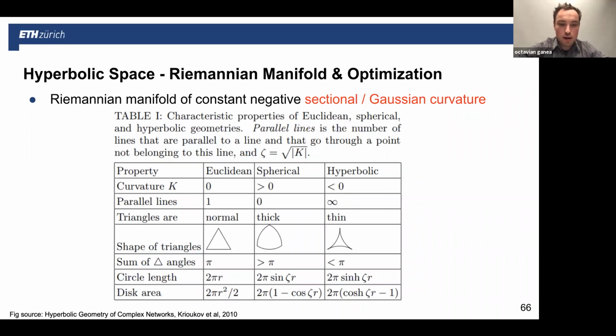Maybe interesting is how the circle length and disk area behave. For hyperbolic spaces, we have this sinh of the square root of curvature times radius, which is an exponential growth in the radius.